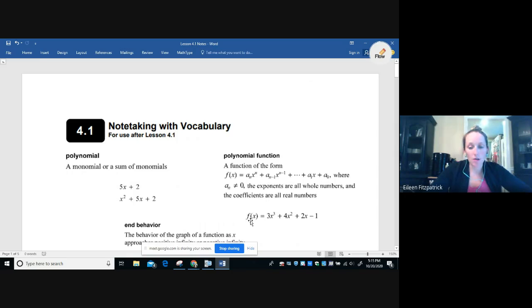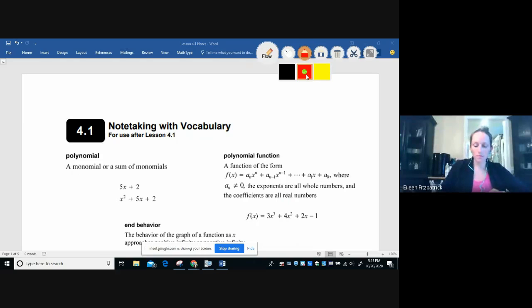All right, so an example of a polynomial function would be f of x equals 3x cubed plus 4x squared plus 2x minus 1. And just a little bit more on the notation that I want you to add to your notes. A sub n is your leading coefficient.